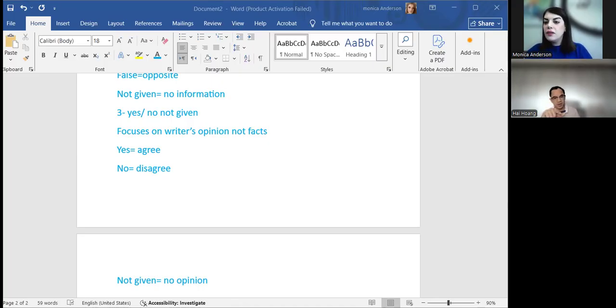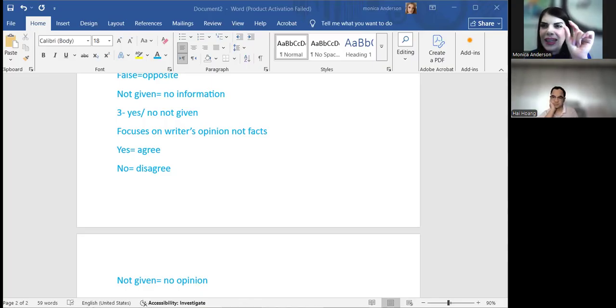For true, false, not given, it means we cannot find any information related to the question, right? Yes. As I told you, you should ask this question: if I can see any information, 100%, this one is important.